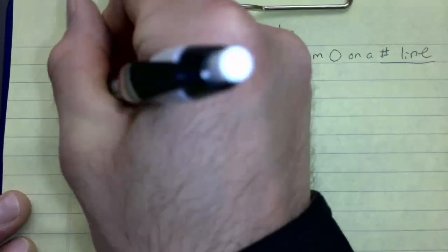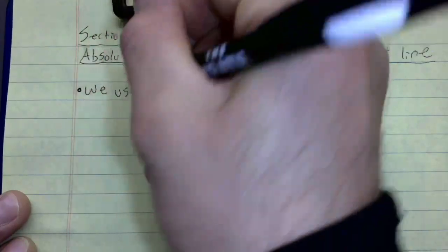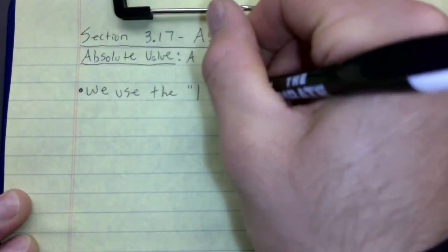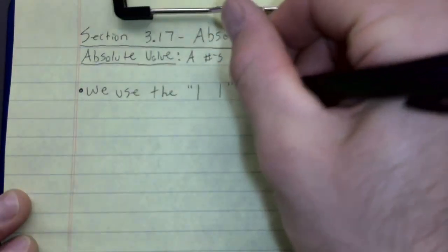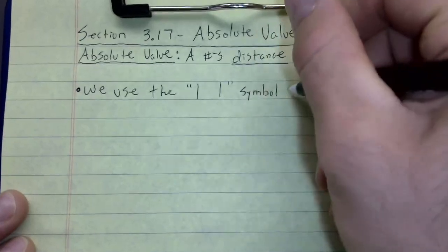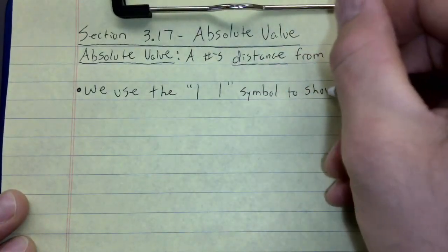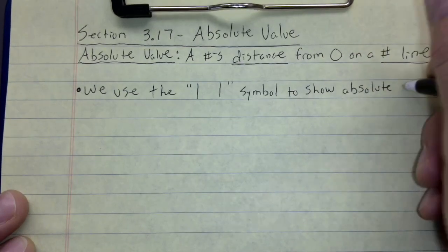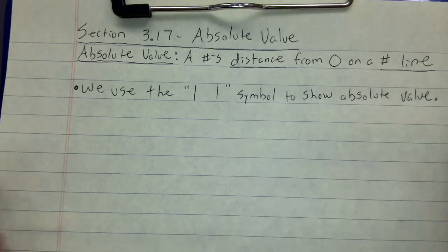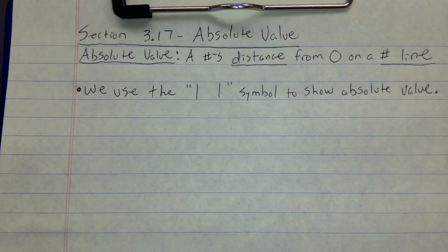Now, we also use symbols that look like this. The absolute value symbols, which are two tall lines, to show absolute value. All right, so we use these two symbols to show absolute value.